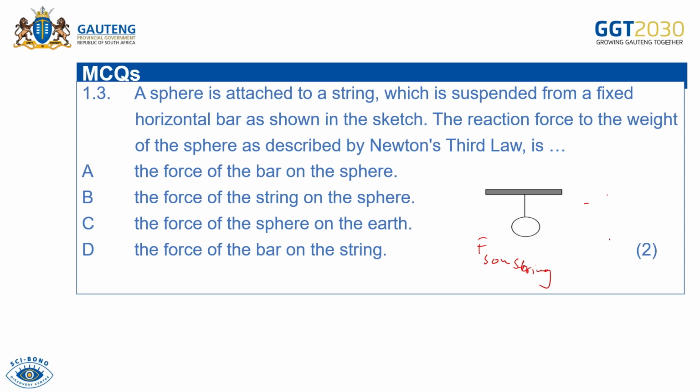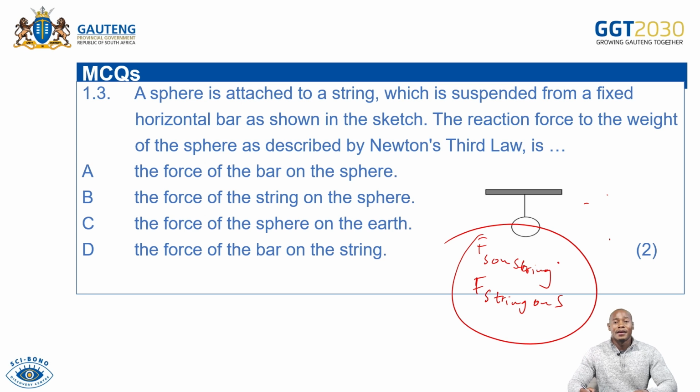Right? So there's a force exerted by the sphere on the string, which goes together with the force exerted by the string on the sphere. So this is an action-reaction pair of forces, right?